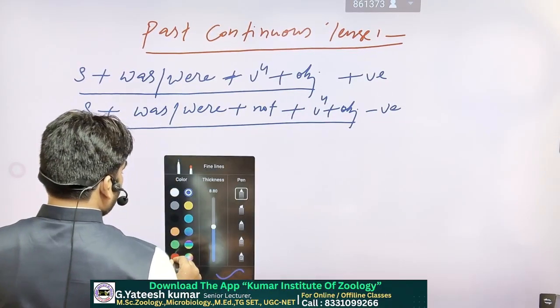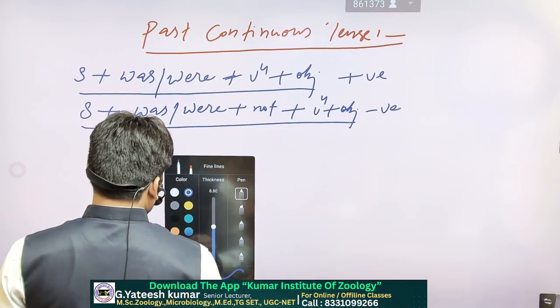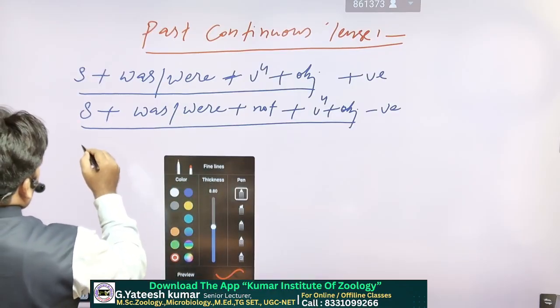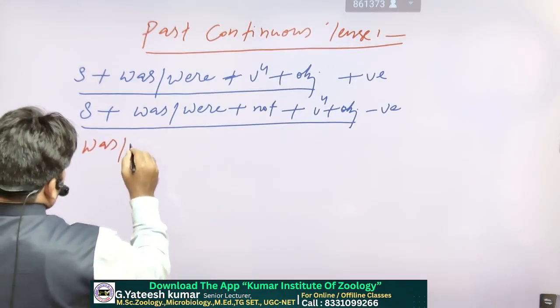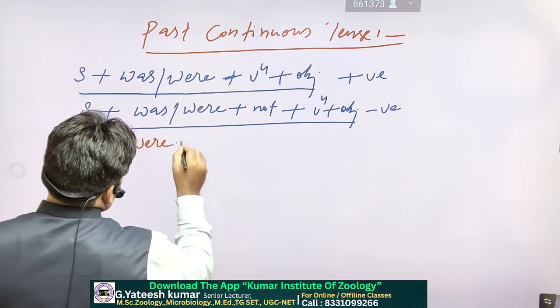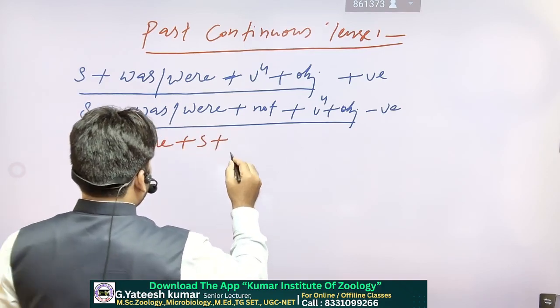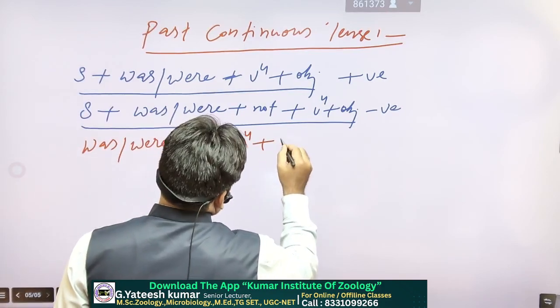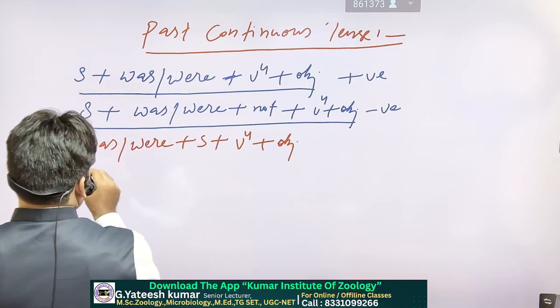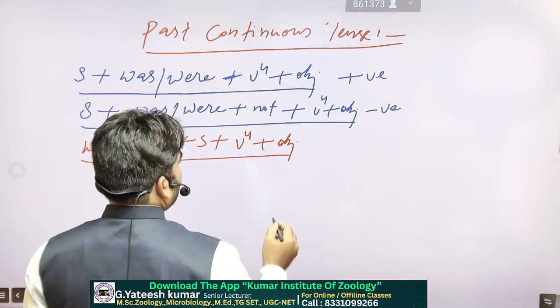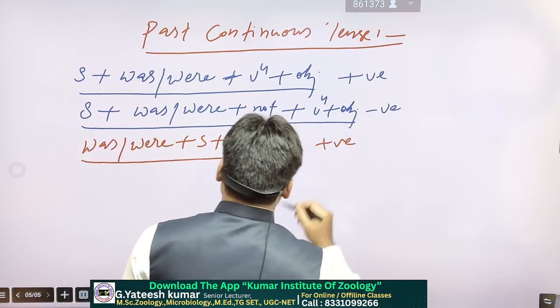Now for asking information, was, were, subject, ing form, object. So this is our interrogative, yes no type questions positive.